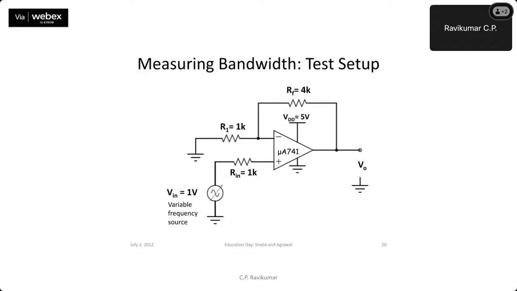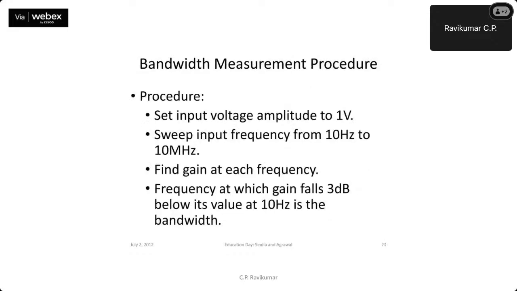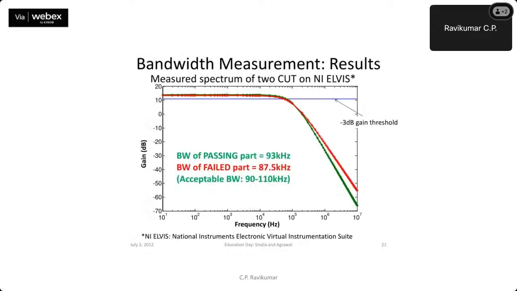Maybe start with 1 hertz and go higher, and then look at the decibel gain and do what you would do in an AC analysis of a circuit. Okay, in a way you are exactly doing what the AC analysis will do, right? But on the real chip, right? So you will get a plot like this perhaps.